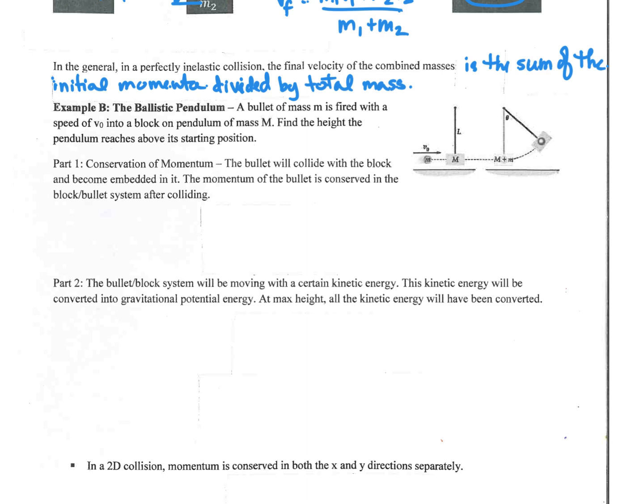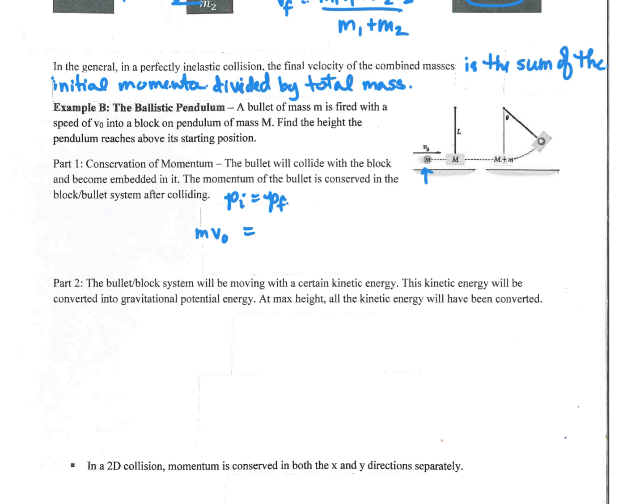So what do we have going on? We have P initial equals P final, okay? Well, the initial state is just this bullet moving. So this is my before. So we have M times V naught. Now, what that ends up equaling is an inelastic collision. You can see why we're talking about this.